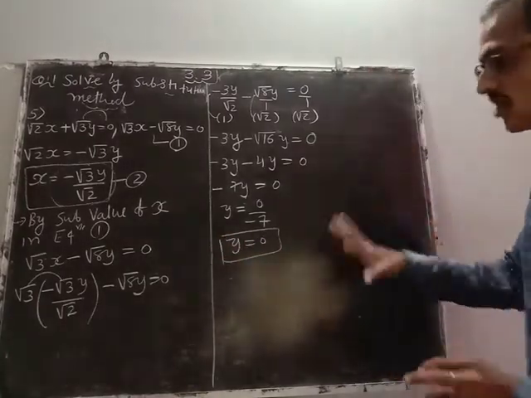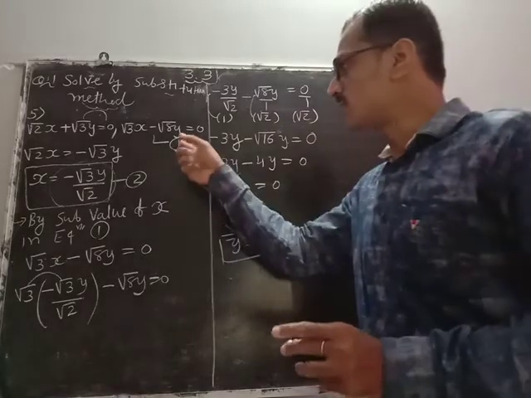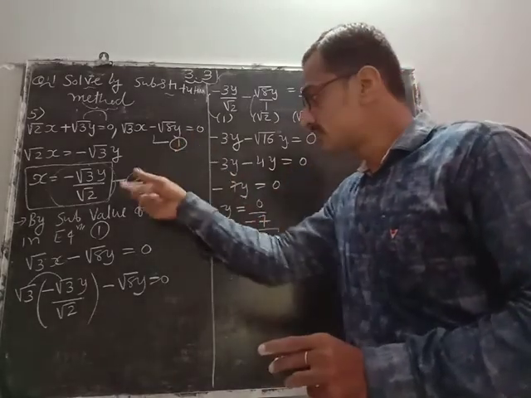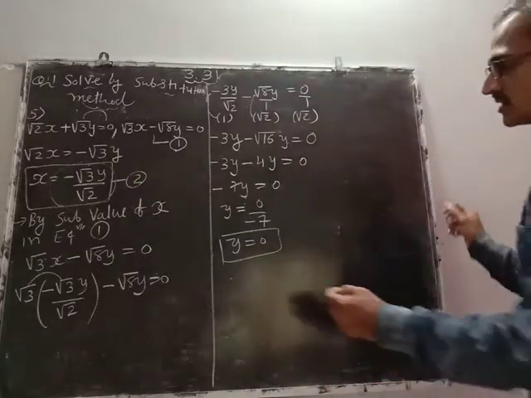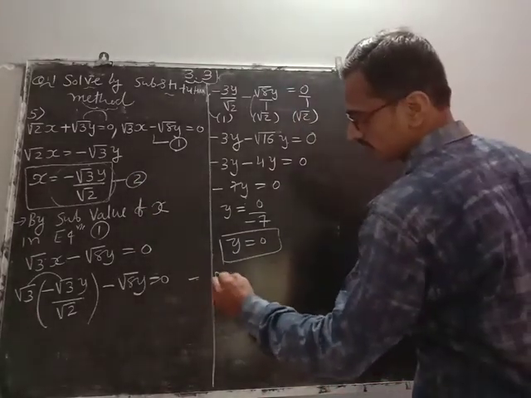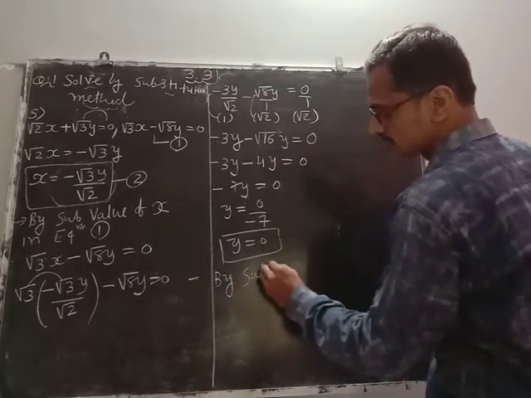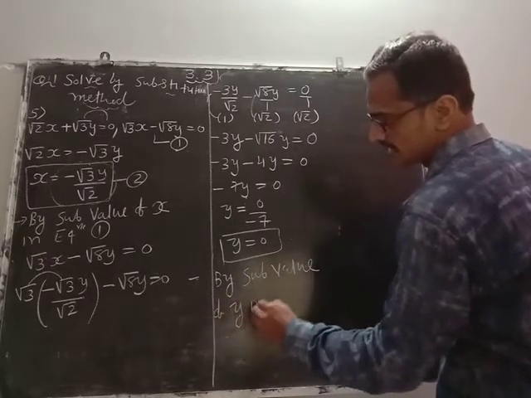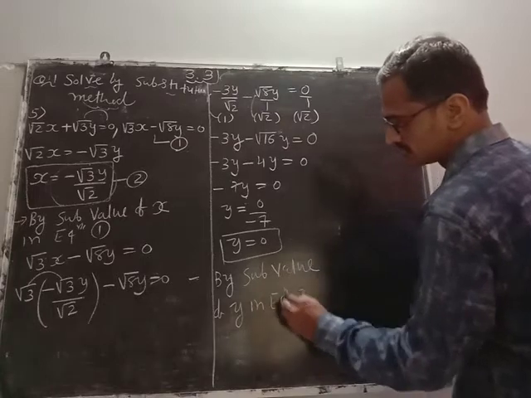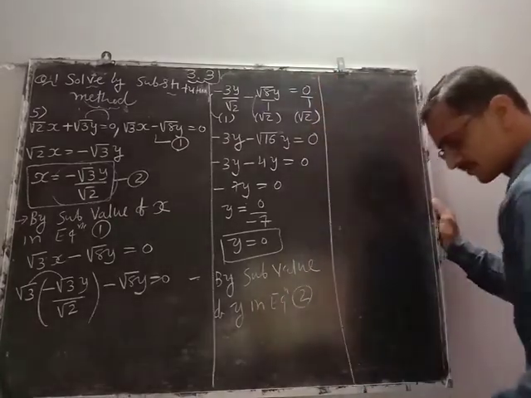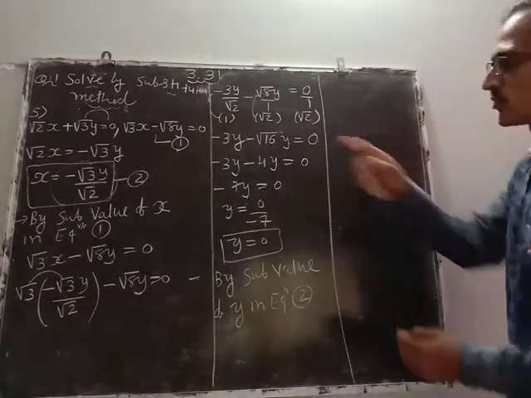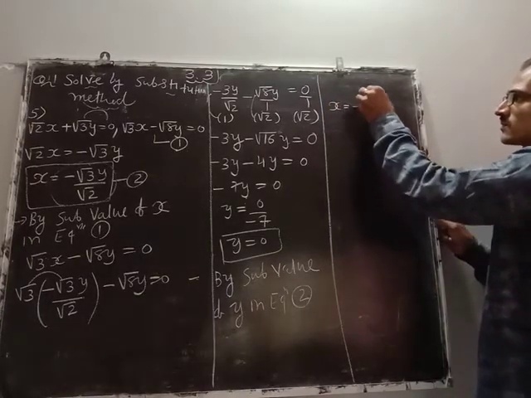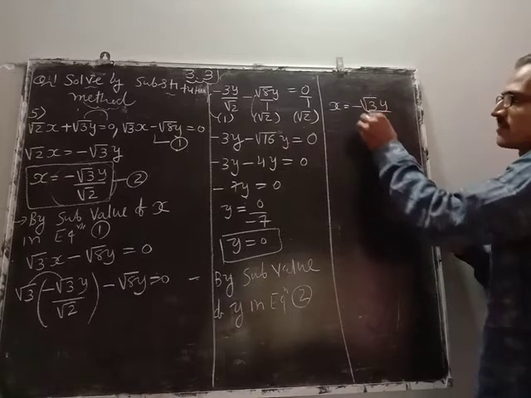Okay. So now we are having first value by using equation number first. By using which equation we'll get second value? Second. So by substituting value of y in equation number 2, so equation number 2 is x equals to minus root 3y by root 2.